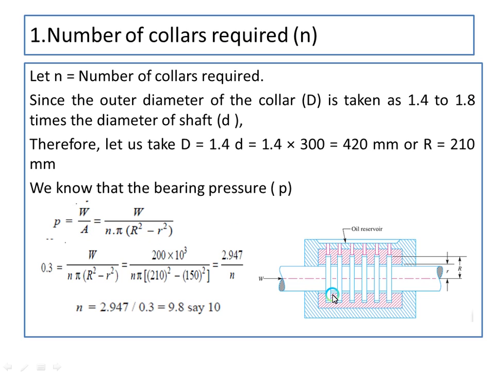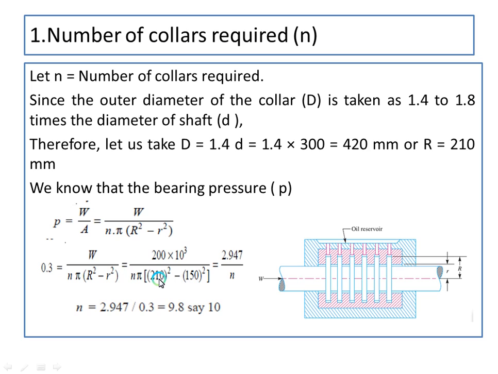So if you have the number of collars, you can multiply with n, so that you can get the value of the number of collars. In this case, I will substitute, since P is given as 0.3, and you also know the value of R, which is 210 mm, and the radius of the shaft, which is 150 mm.